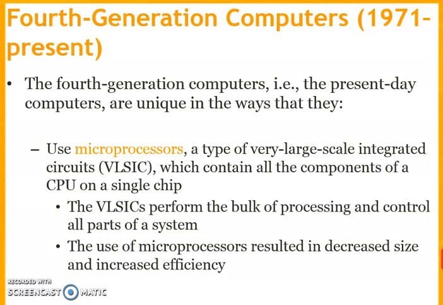Then moving towards the fourth generation computers, from 1971 to present. In the fourth generation computers, microprocessors are used. Firstly vacuum tubes, then chips. From vacuum tubes to ICs or chips, and then microprocessors.